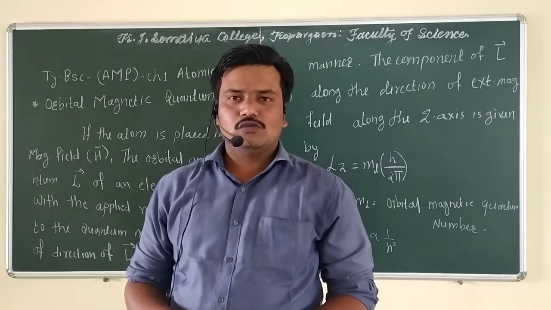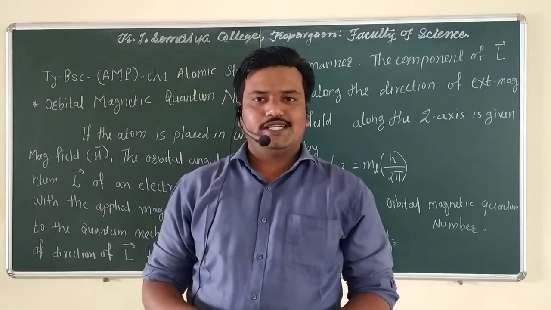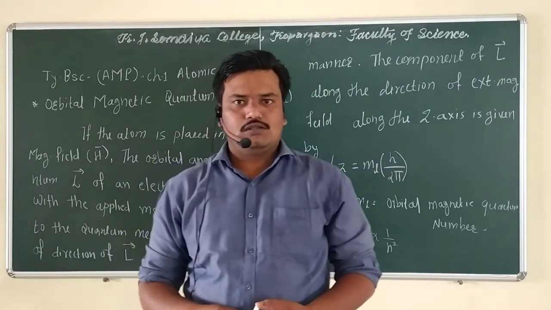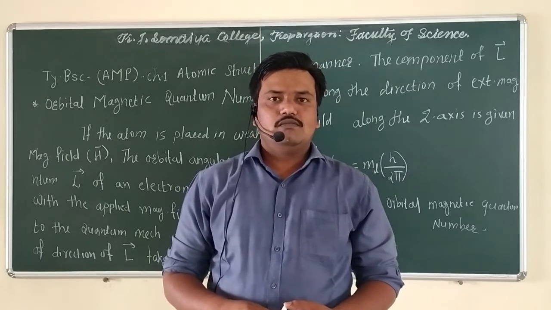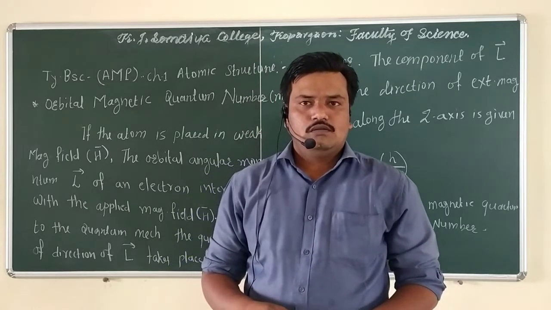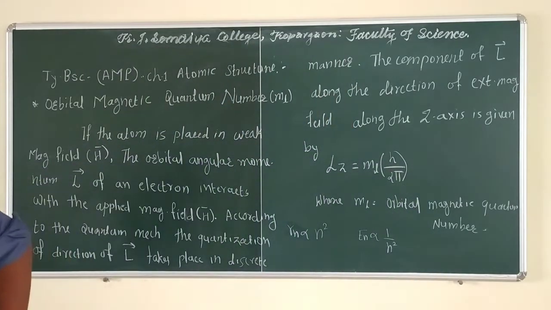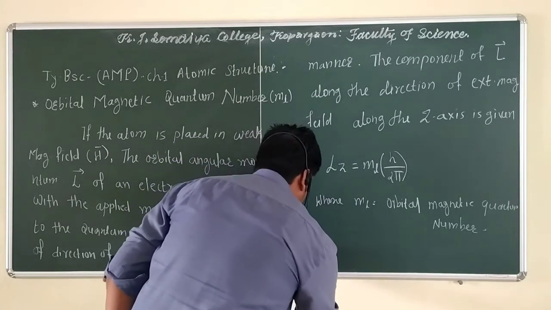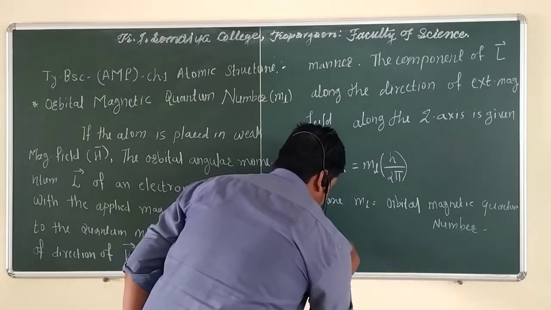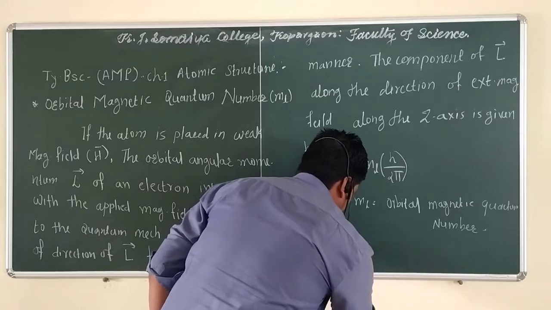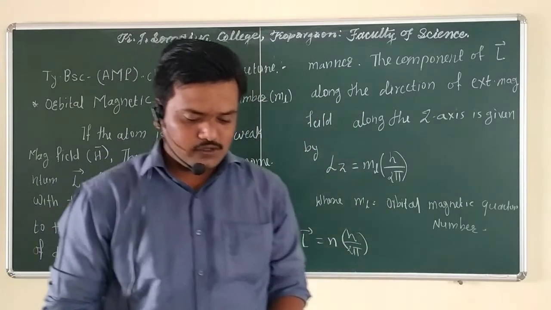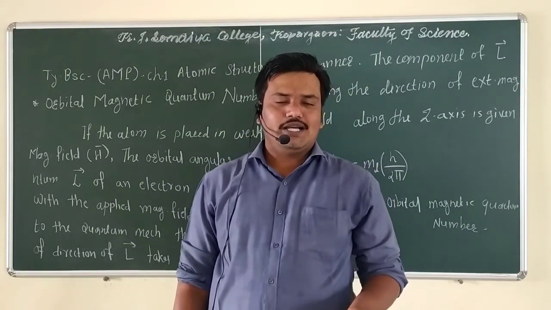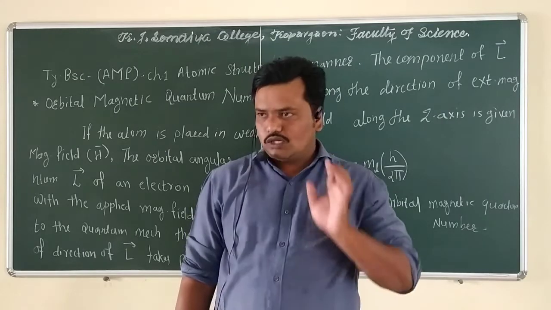But according to quantum mechanics, Bohr's second postulate gives the orbital angular momentum L bar of an electron as an integral multiple of h upon 2 pi, and we saw the value of l runs from 0, 1, 2 up to n minus 1, where n is the principal quantum number.